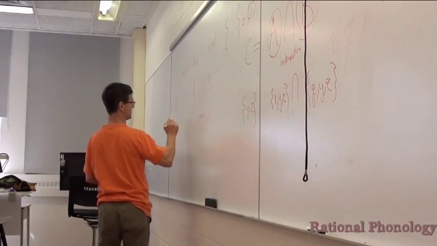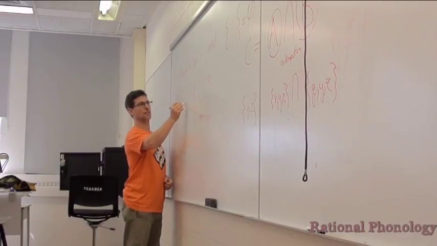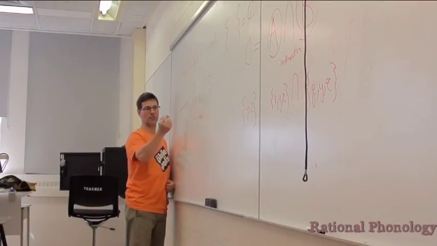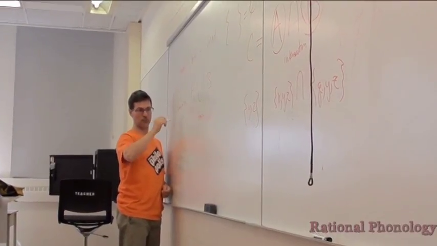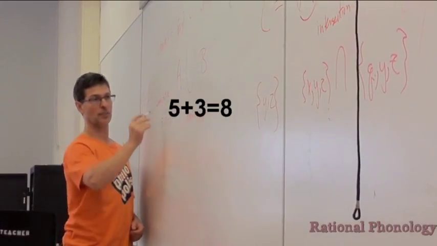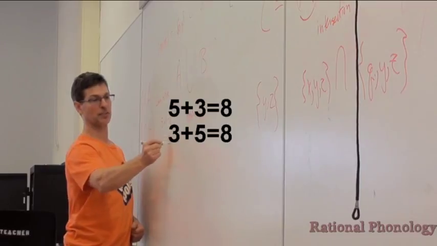So union and intersection have this property, I forget if we talked about this last time, of being commutative. The commutative property in arithmetic applies to addition and multiplication. 5 plus 3 equals 8. We can commute these two numbers, switch them around, 3 plus 5 equals 8.